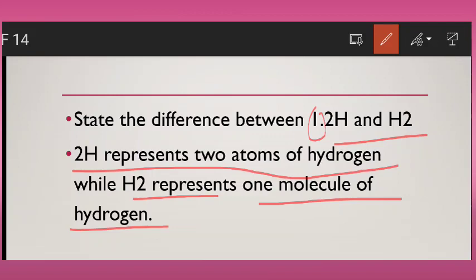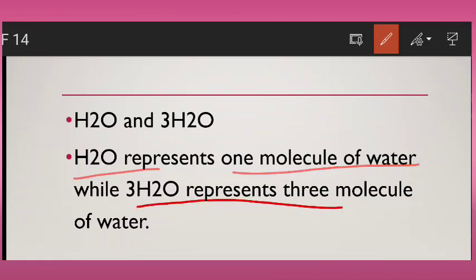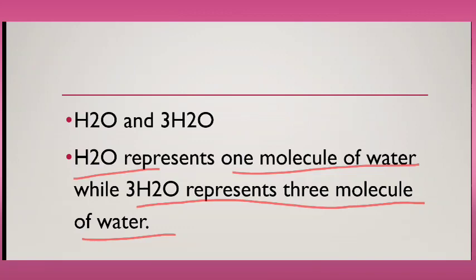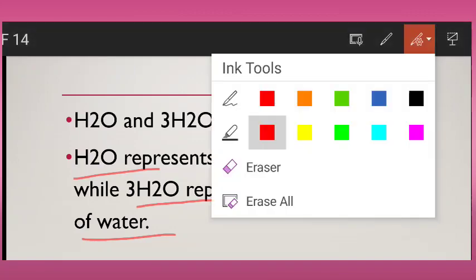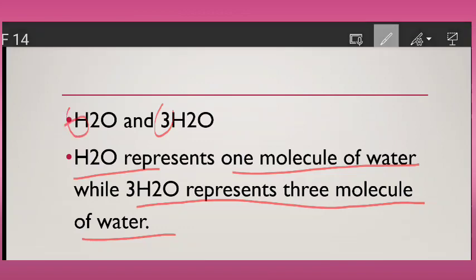Clear? Now next, H2O and 3H2O. H2O means one molecule of water, and 3H2O means three molecules of water. So always remember that this part represents the molecule.